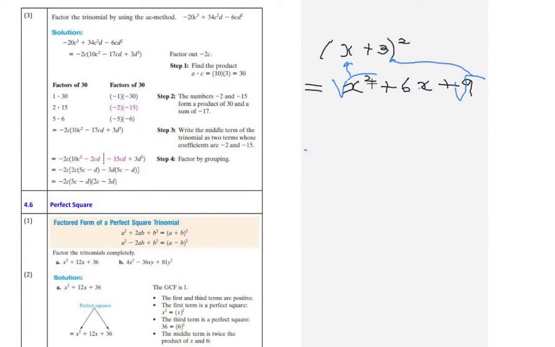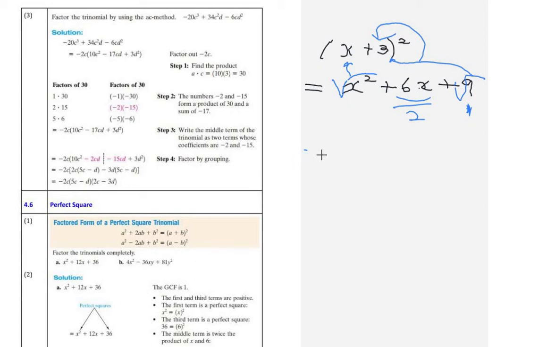And then we said the middle one is this one times that one times 2. So if we divide this one by 2, we must get the middle one. So here we have a check. The square root of this one should give me that one, and this one over 2 should give me that one. So if I get that right, I know I've got a perfect square.